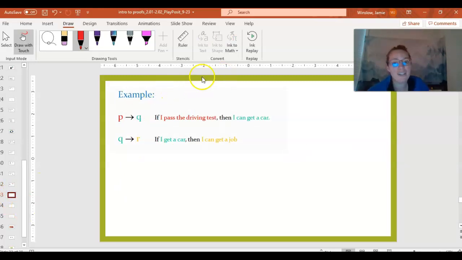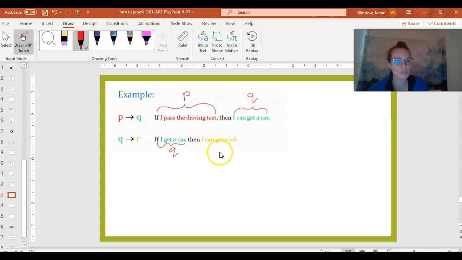So let's look. If I pass the driving test, call that P, then I can get a car. Well, that's nice. Call that Q. If I get a car, see those match, so that's Q again, then I get a job.